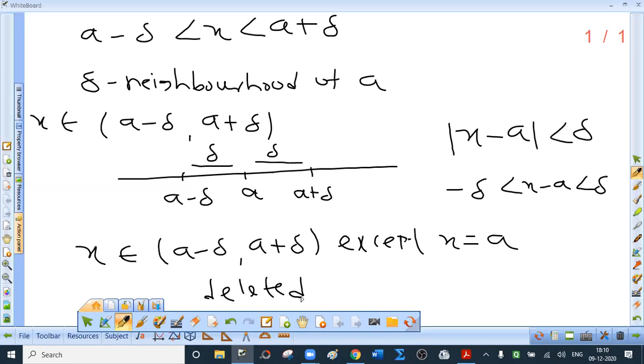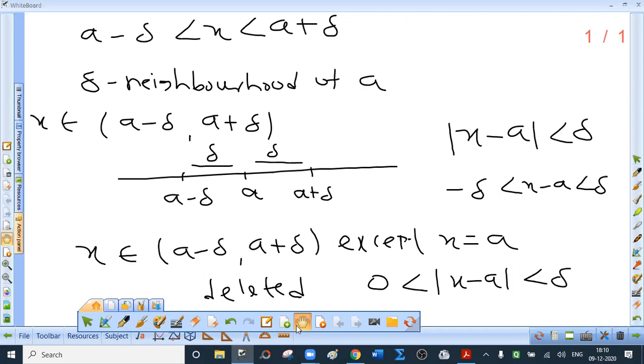Now you will ask me, sir, why delete this? Because we use this to define the concept of limit. So this is deleted delta neighborhood of a, and therefore we can write this as 0 less than mod of x minus a less than delta. Why? Because a is omitted from this.